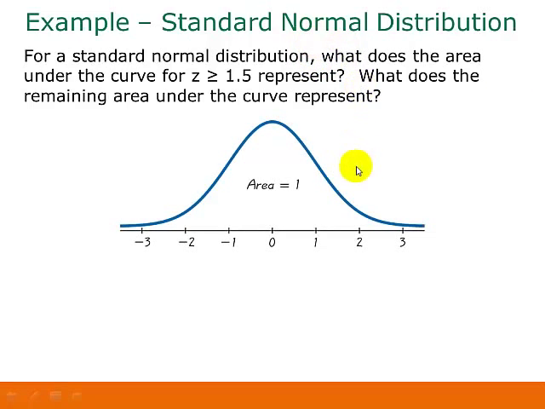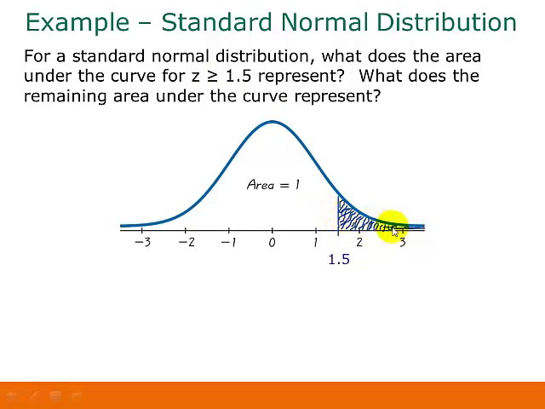Here's our picture again. And if we put in the value of 1.5, and since we're talking about the area under the curve for z greater than or equal to 1.5, we're going to shade from here over to the right.